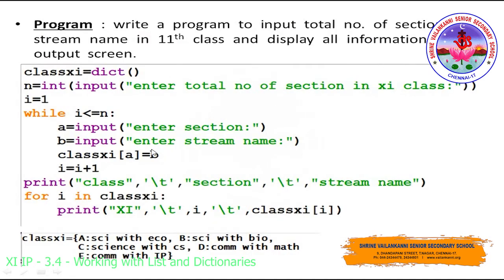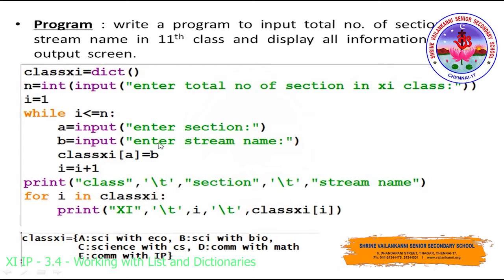And once you have entered both these things, the values will be assigned to the respective variables. And now what we are going to do, we are going to assign these values to this empty dictionary which we have created. So class 11 is a variable for which we have created an empty dictionary. So class 11 of A, by using the square brackets, we will create a key, and B is the value which we have got here, right?